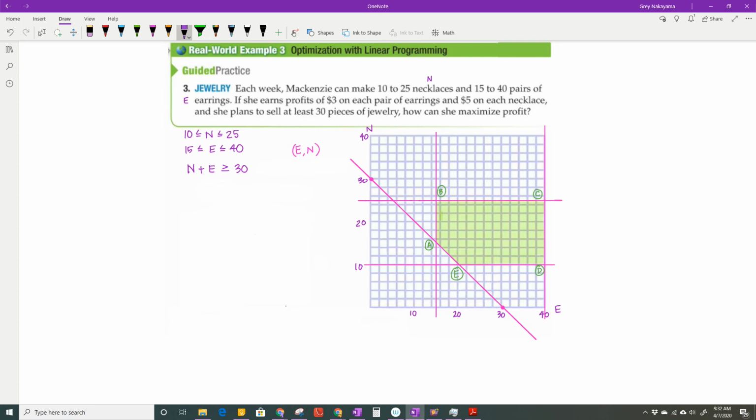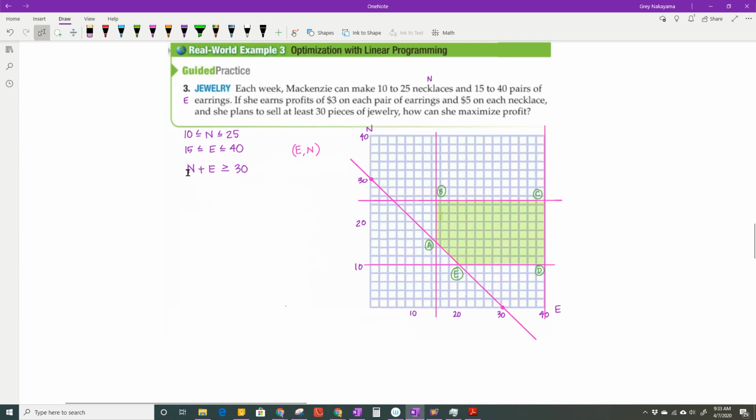N is the vertical axis, and that means that my measurements are going to be N being between 10 and 25. Okay, because remember, if this was Y, then these would be horizontal lines. So that's 10 and 25. X or E is between 15 and 40.